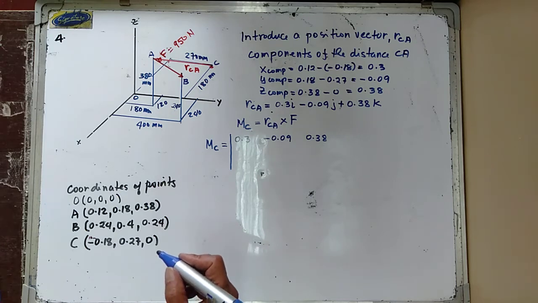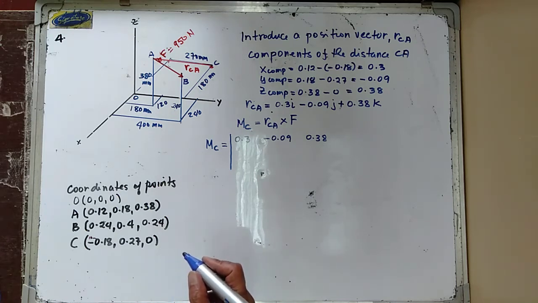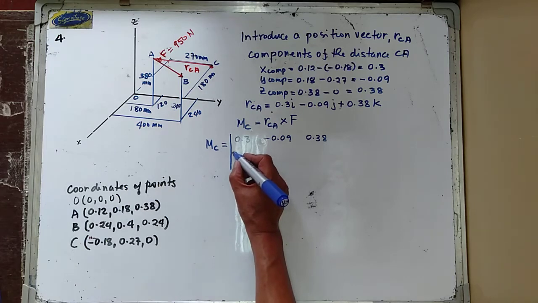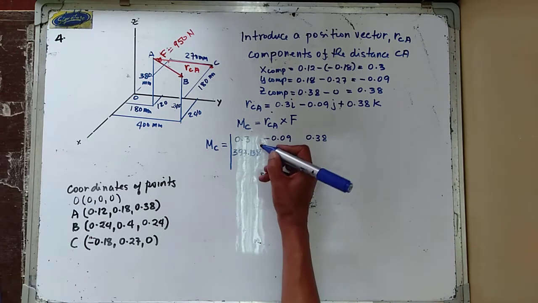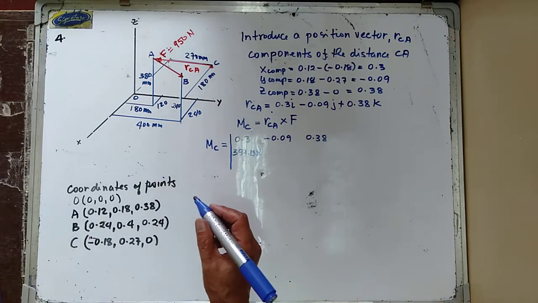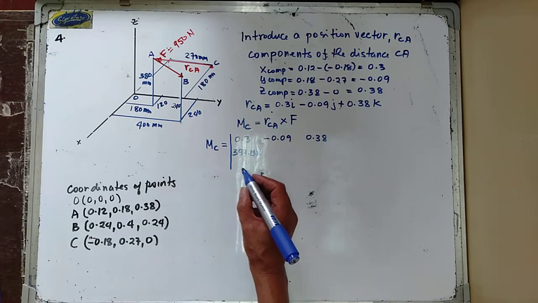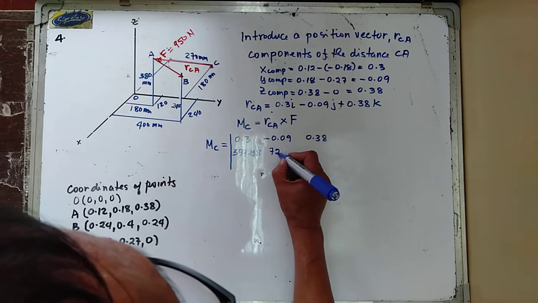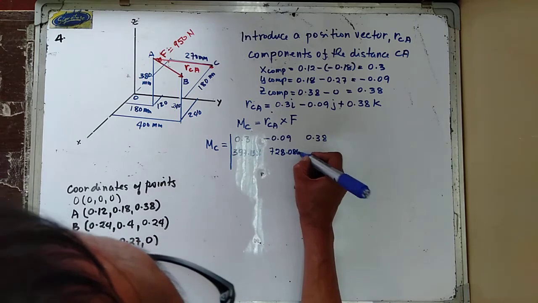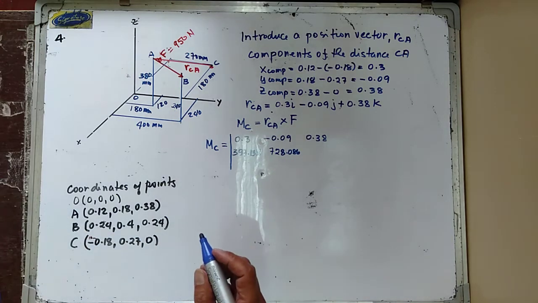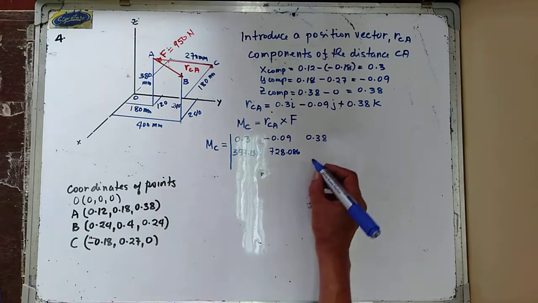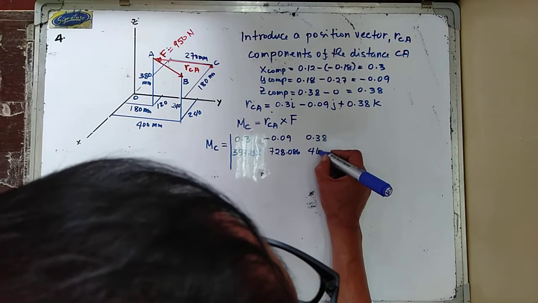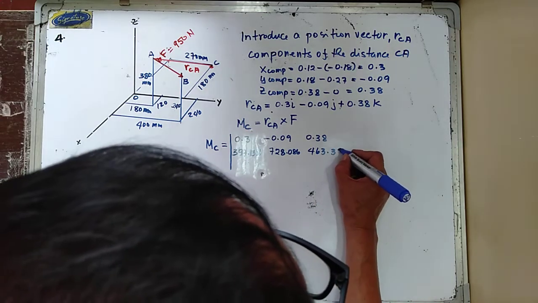Now, we have the vector F as 397.138, 728.086, and minus 463.327.